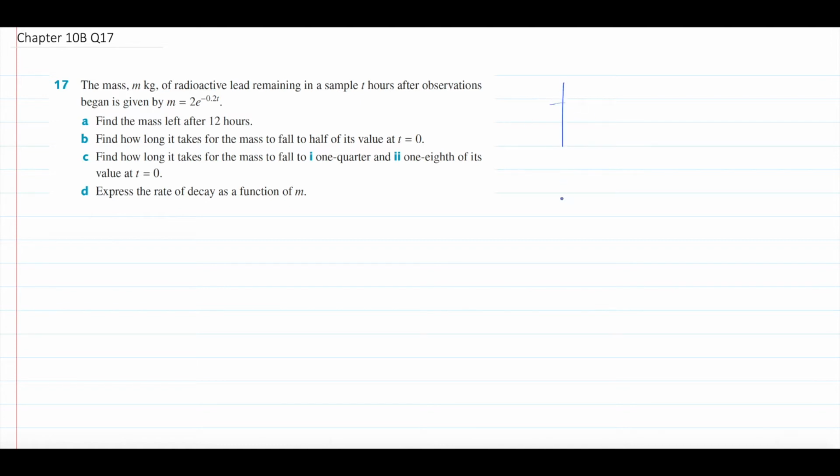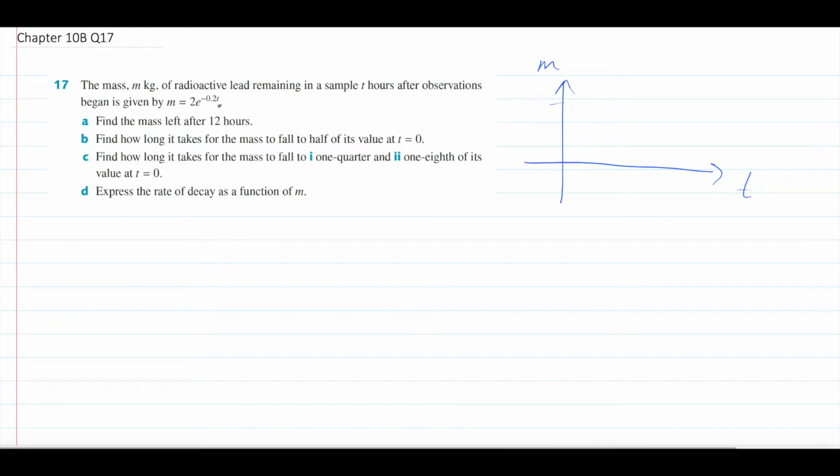If I was to sketch this on a graph roughly, my y is essentially my m, and my x-axis is essentially my time. It's saying I've got a mass of lead initially, but then over time it decays.